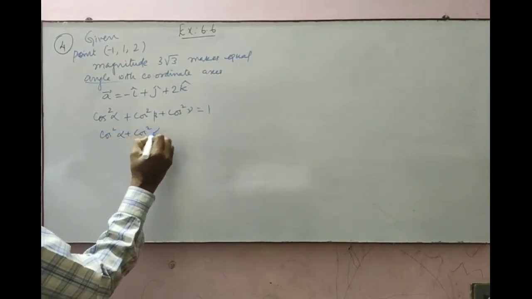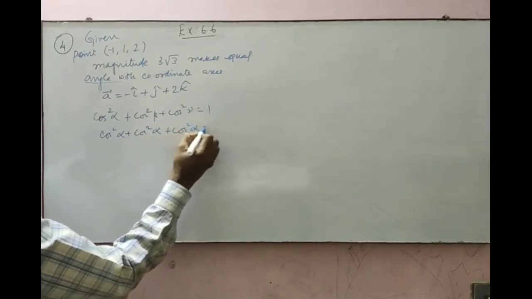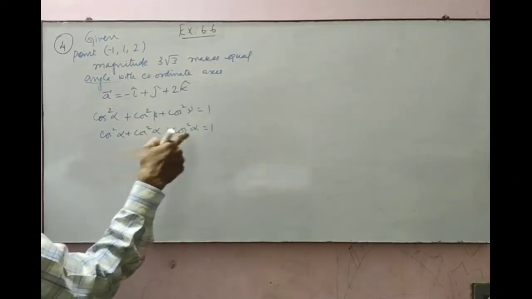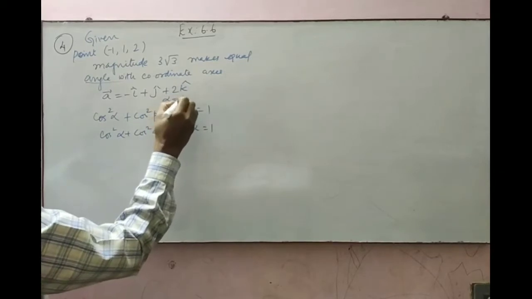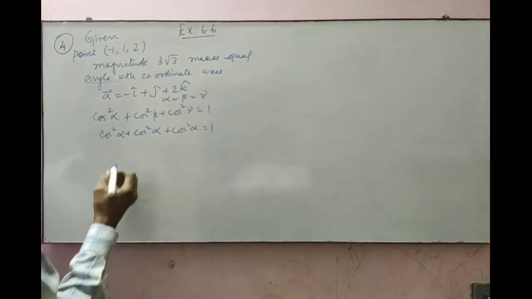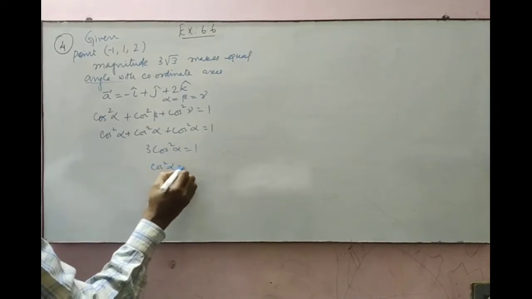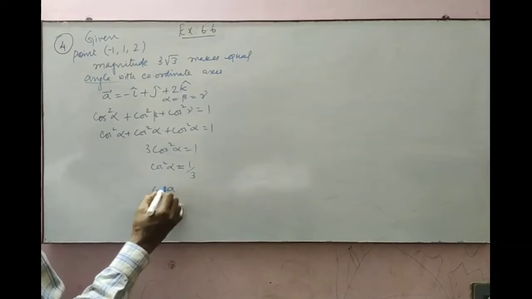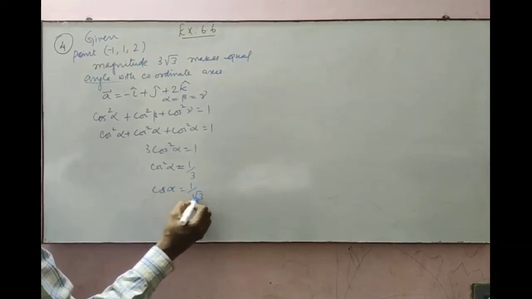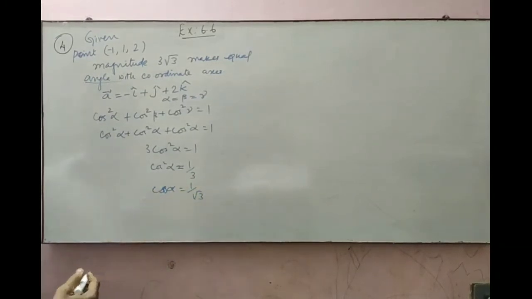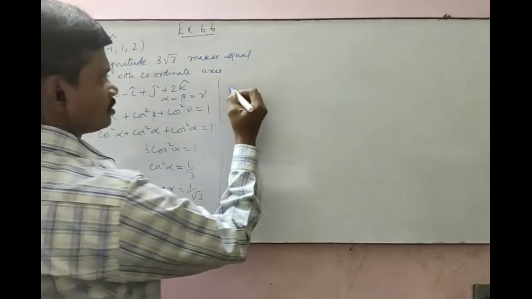So I am going to take all the angles as alpha. Here alpha equal to beta equal to gamma. So 3 cos square alpha is equal to 1. Cos square alpha is equal to 1 by 3. Cos alpha is equal to 1 by root 3. So this is the angle. So with this angle we can write the normal vector.